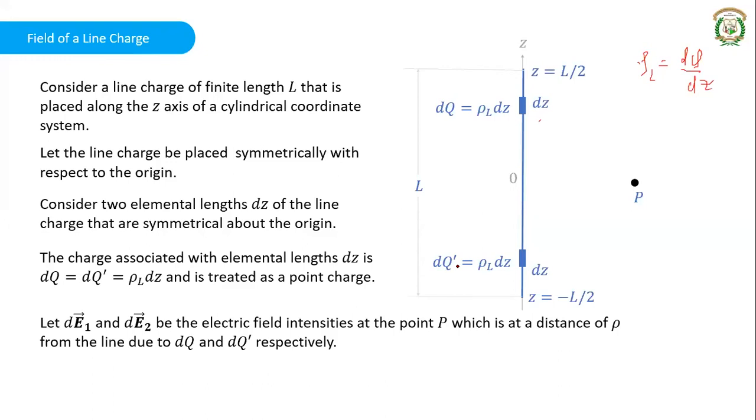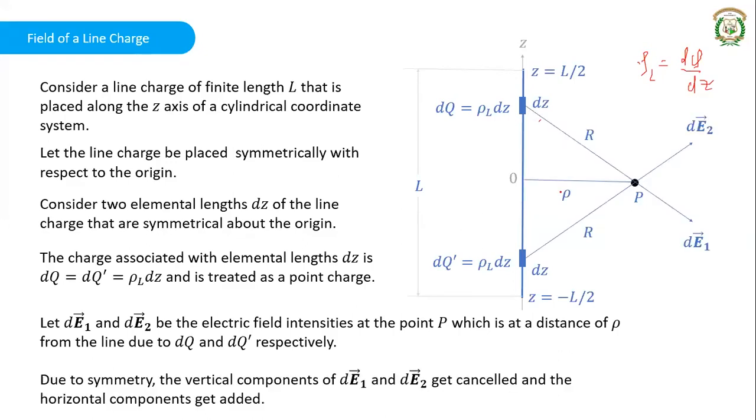The radial distance from the z-axis to the point P is rho, and the distance of the point P from these elemental charges is capital R. Since they are symmetrical, the distances are the same in each case, that is capital R.